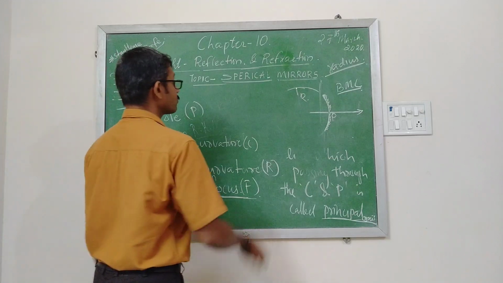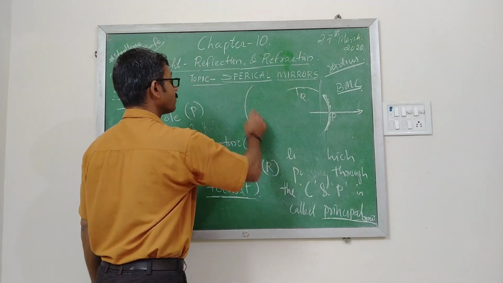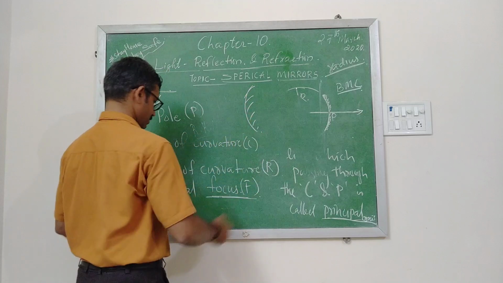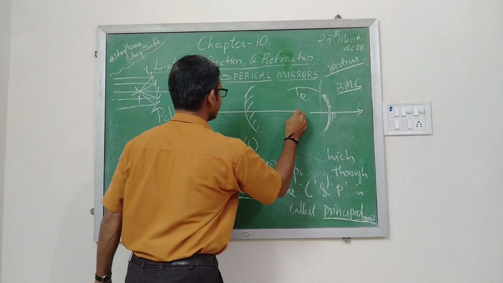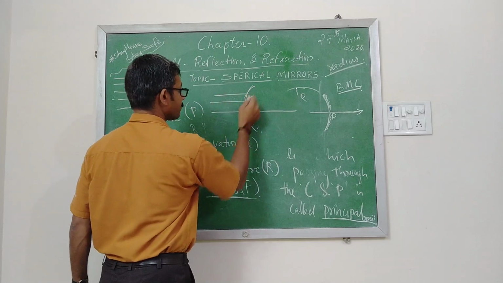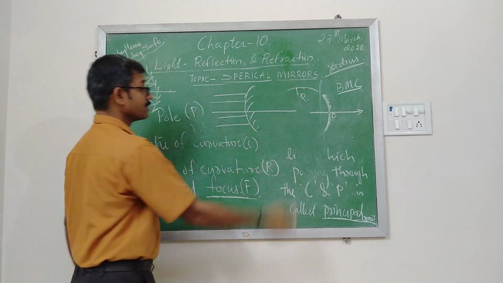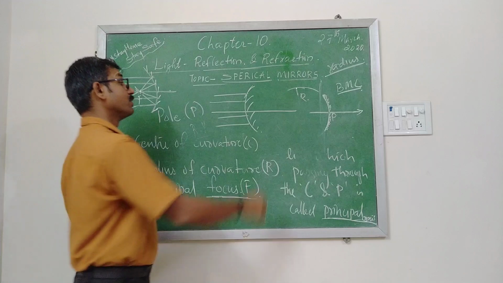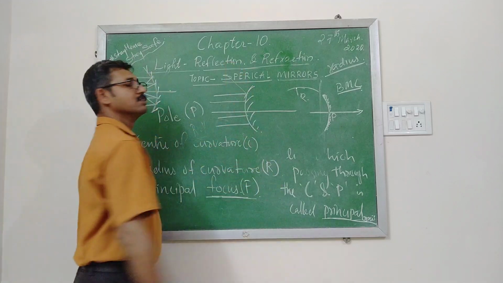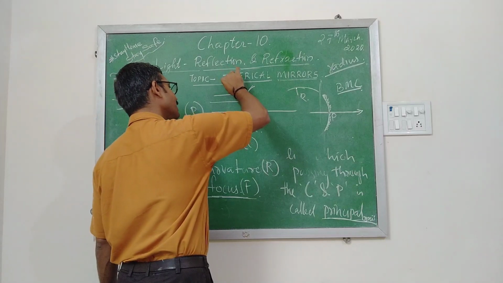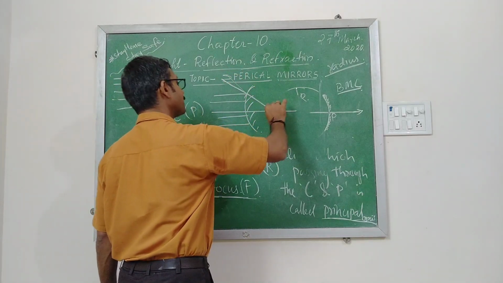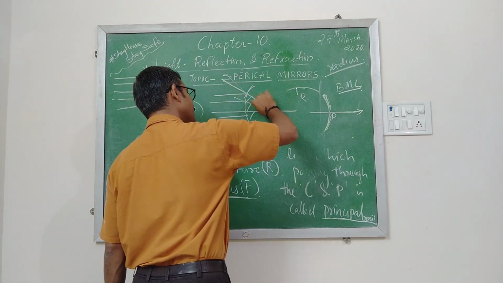Now, if it is the case of the convex lens, take care, convex lens. After reflection, these rays diverge, but they diverge in such a manner that they appear to be converged at one point.